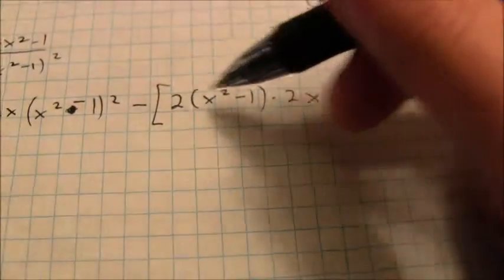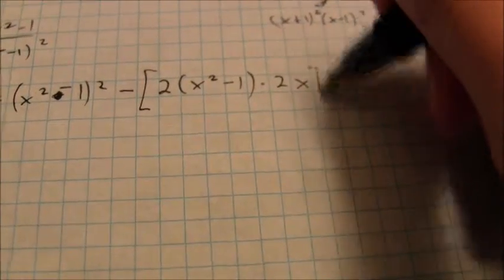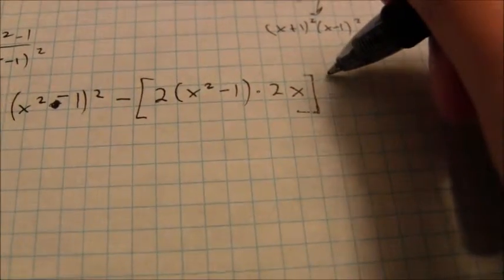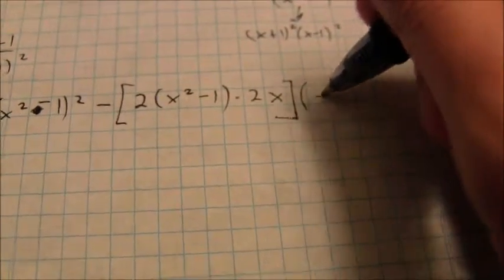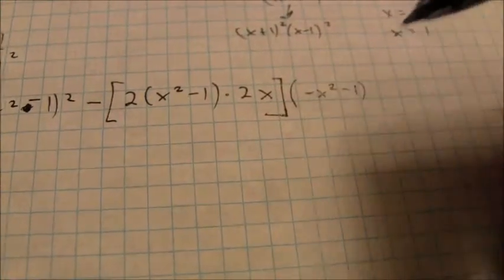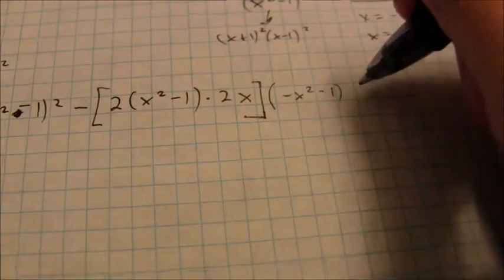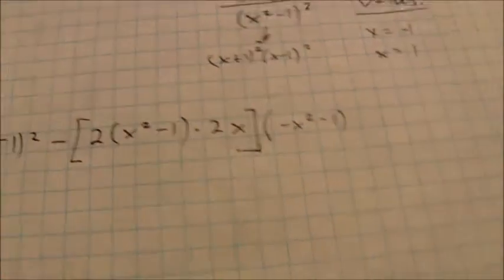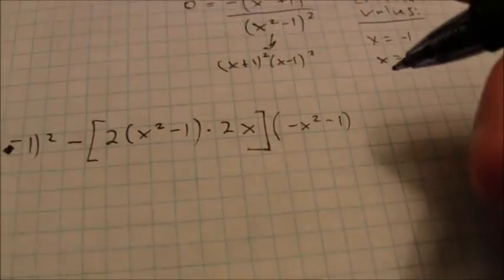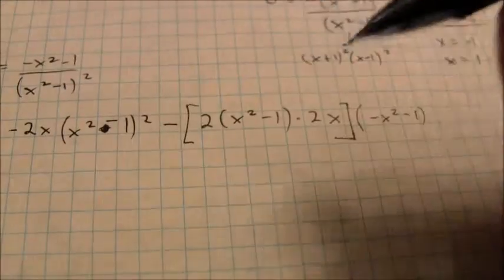So that's the derivative of the bottom times the top, which is negative x squared minus 1. So the derivative of the bottom times the top, and all of that is being subtracted. We can simplify this just a little bit here.